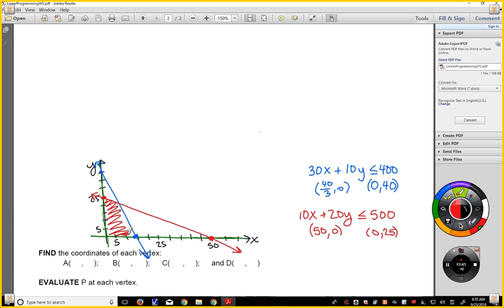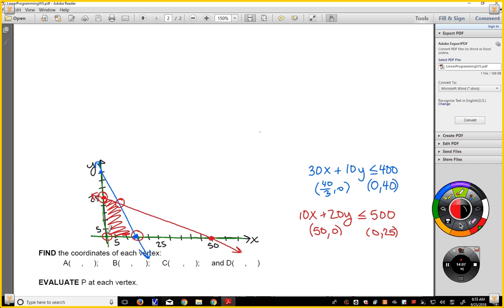Okay? So we can order any amount of cases of candy bars and cases of popcorn that falls as a point inside of this region. However, the points that will maximize or minimize our profit are the extreme vertex points of the quadrilateral. So this point, this point, this point, and this point. Okay?